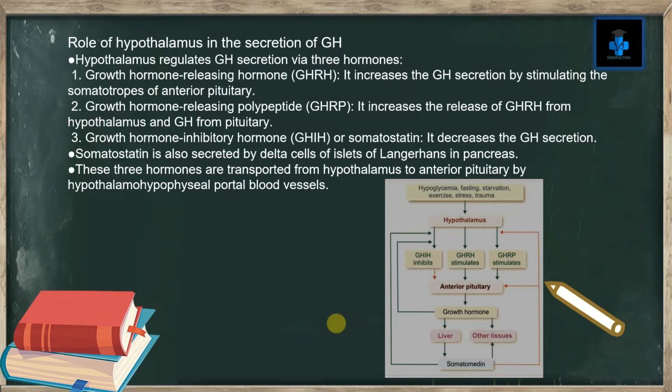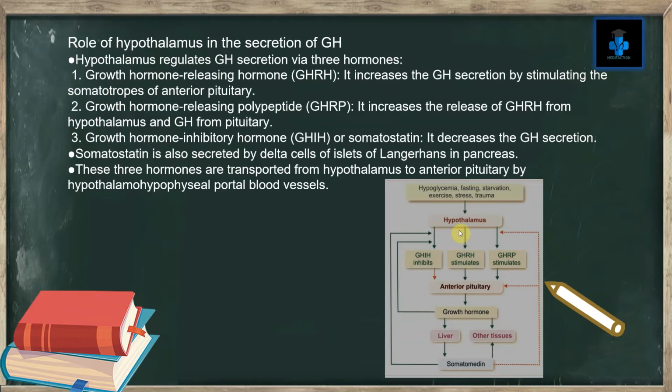Now let's see the role of hypothalamus in the secretion of growth hormone. Hypothalamus regulates growth hormone secretion via three hormones. Number 1, growth hormone releasing hormone, otherwise GHRH.